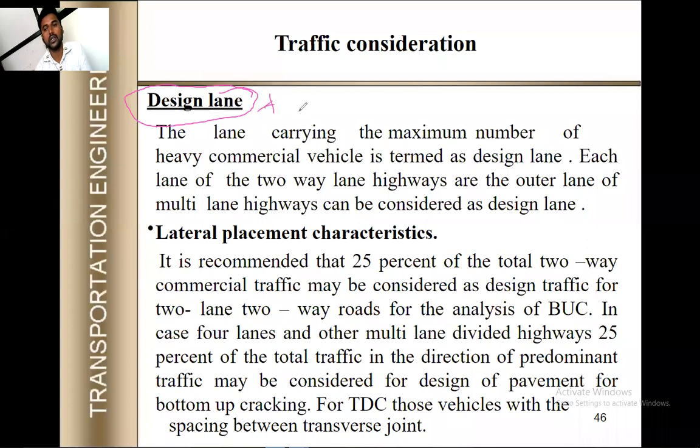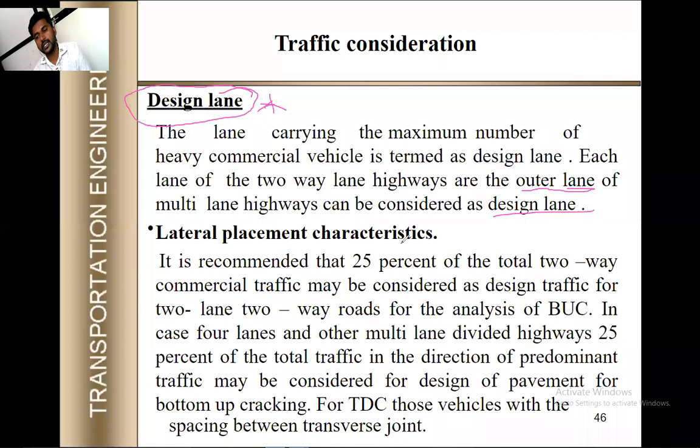So that lane is termed the heavy lane. Each lane of a two-lane highway, and the outer lane of a multi-lane highway, is considered a design lane, because mostly the heavy vehicles travel in the outer lanes.